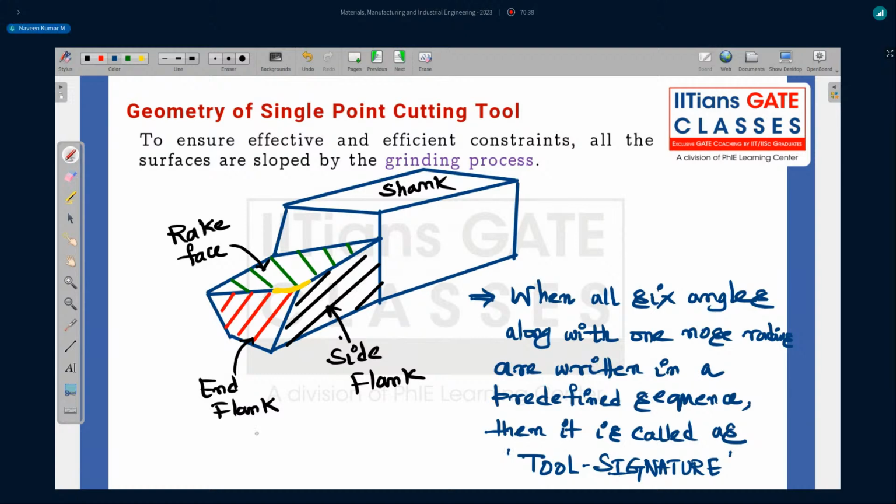But which angle is making what with what, all these things are important. But if writing them in a predefined sequence, then it is known as tool signature. Good.